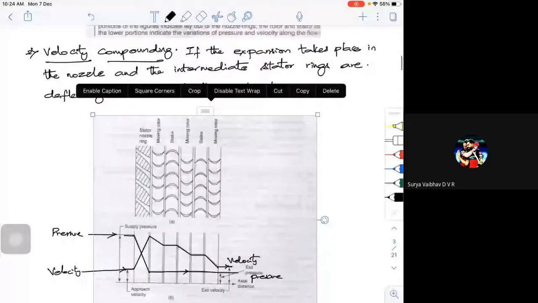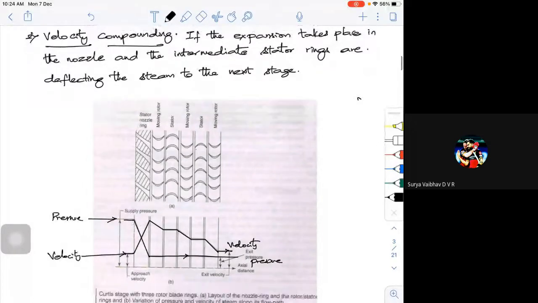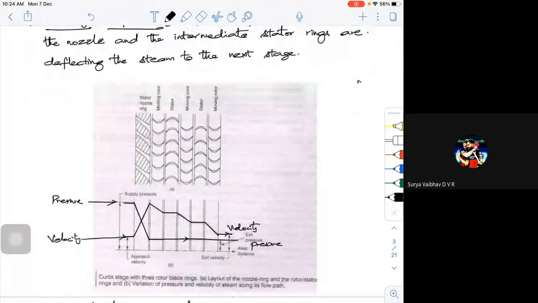If the expansion takes place in the nozzle and the intermediate stator rings are deflecting the steam to the next stage, look at it here. What happens? In case of velocity compounding, the pressure drop takes place in the single nozzle. Pressure almost remains constant.